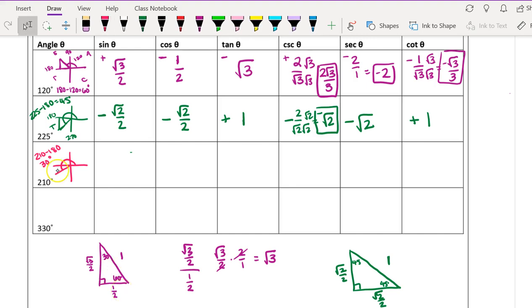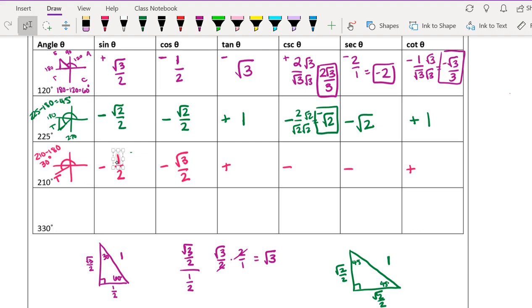Signs, because I'm in quadrant 3, tangent is positive, so negative, negative, positive, negative, negative, positive. With the 30-degree angle, all that happens is I just flip. Sine and cosine are going to flip places. So this is going to be 1/2, and this is going to be square root 3 over 2, because I'm just changing the reference angle in the same triangle.